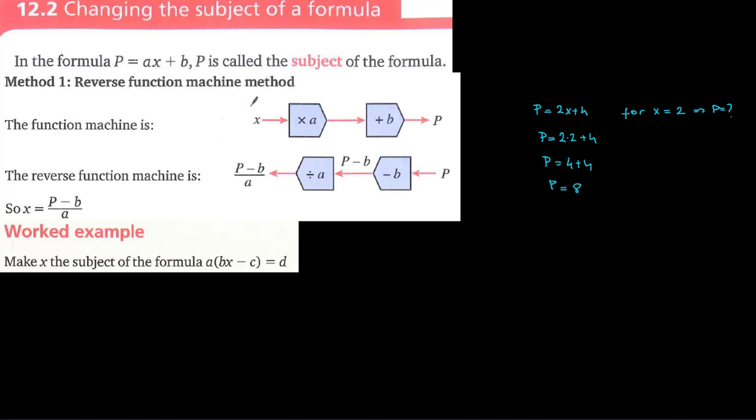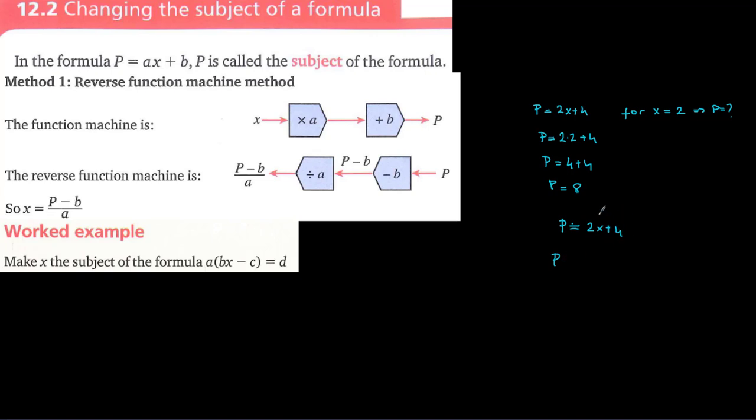So when you are changing the subject, like 2x plus 4, for this one, firstly we multiply the x, then we add. If you are changing the subject, you should first solve the addition problem here.